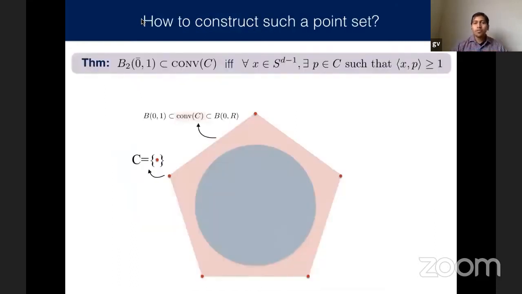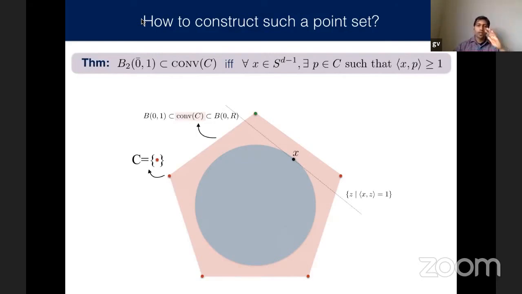So first of all, we gave a characterization of point sets whose convex hull contains this unit ball. Essentially, the convex hull of any point set will contain the unit ball if and only if, for any point x on the unit sphere, there exists at least one point within the point set that has a large inner product.